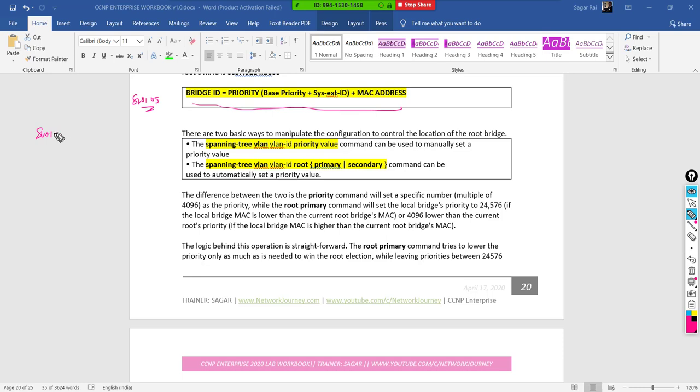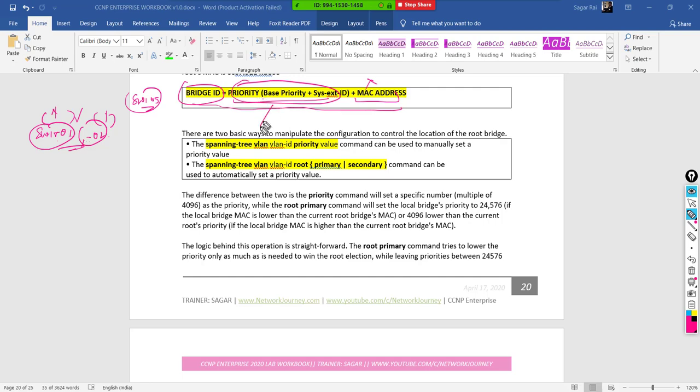I can make switch 1 and switch 2 the best switches by manipulating the bridge ID. If I make them lower, then the root bridge role will come to them, and this one will be taken down. But what can I change? The MAC address is a unique ID, so I cannot change it. I have to change the priority.